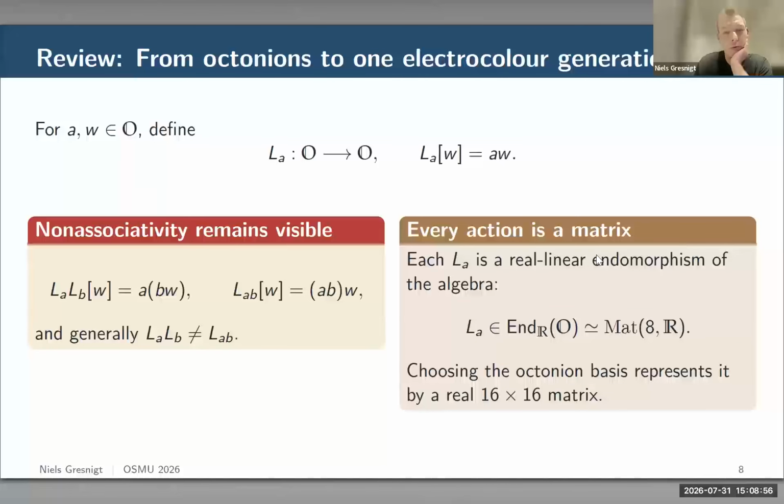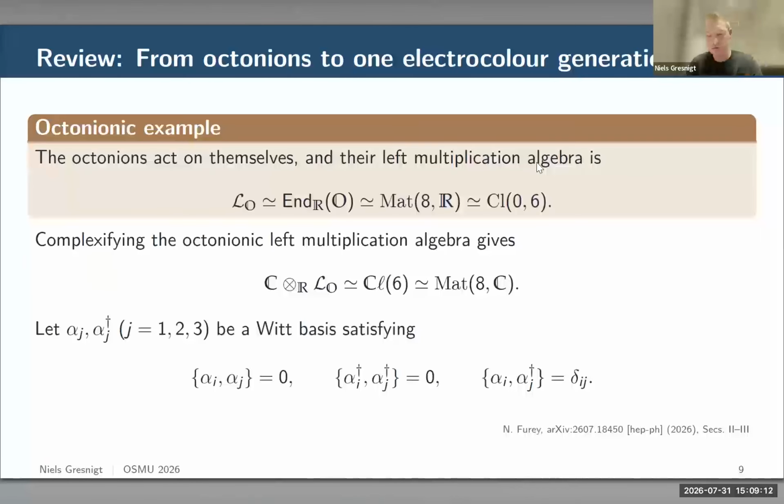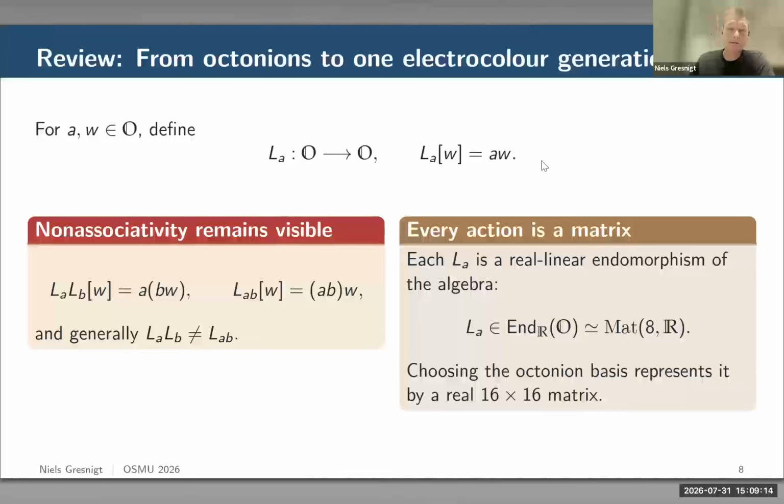So just to review, one of the possible constructions is if you take two elements of the octonions, then you can define the left action of A on W. So that's represented here. And what happens is that although the octonions are non-associative, these maps, the L subscript A's, generate an associative algebra.